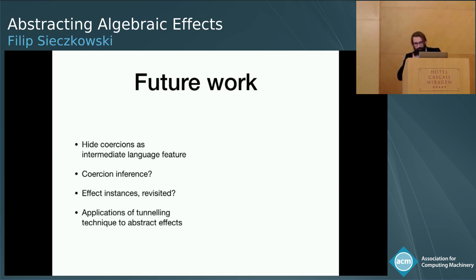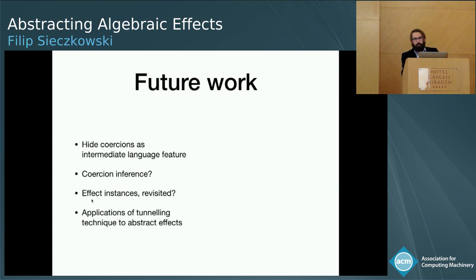But the point is, in the future, we would like to hide coercions. The calculus that we consider, we treat as a sort of intermediate language. We wouldn't want people to actually see these coercions. And this, for us, is a work in progress. One possible direction would be effect instances.